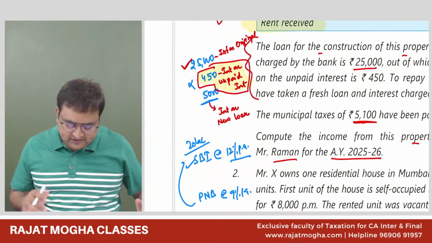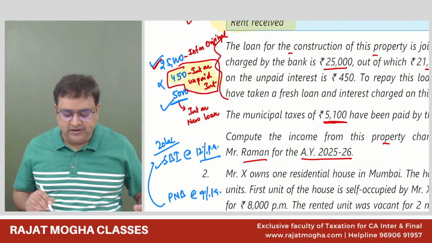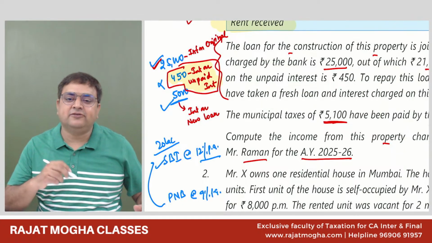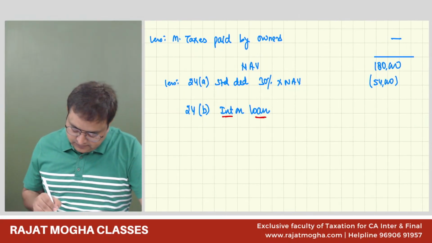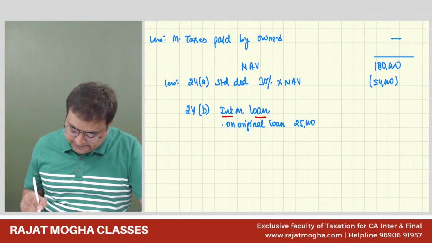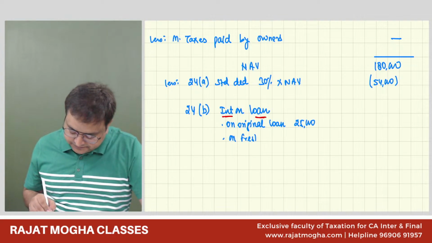So in this case, 25,000 is allowed, 5,000 is allowed, 450 is not allowed. Interest on interest is not allowed, only interest on loan is allowed. So on the original loan, 25,000 is the interest. On the fresh loan, 5,000 is allowed.